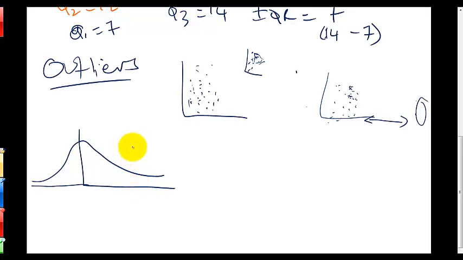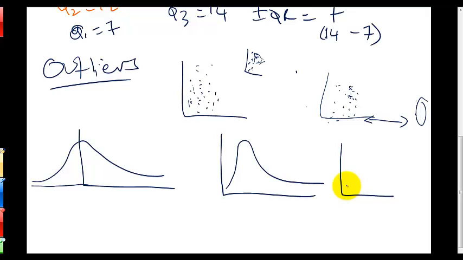So we're going to look at skewness. That is obviously saying that there's no skewness. Positively skewed would look like this. Negatively skewed would look like this. Okay? So it's skewed to the right. It's actually negative. So let me write skewness now.